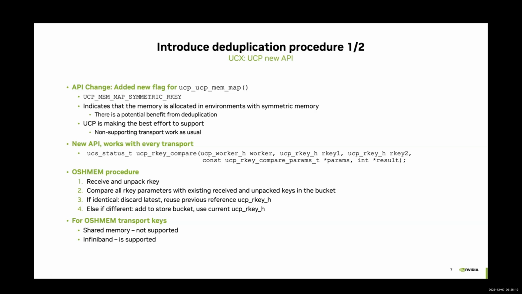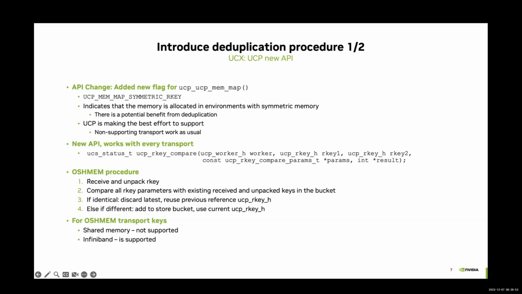But how can we take advantage of deduplication? In order to do that, we introduce a new API that works with every transport, but I will explain on the next slide a little bit more how it works. This API allows us to compare unpacked rkeys and see if they're equal or not.